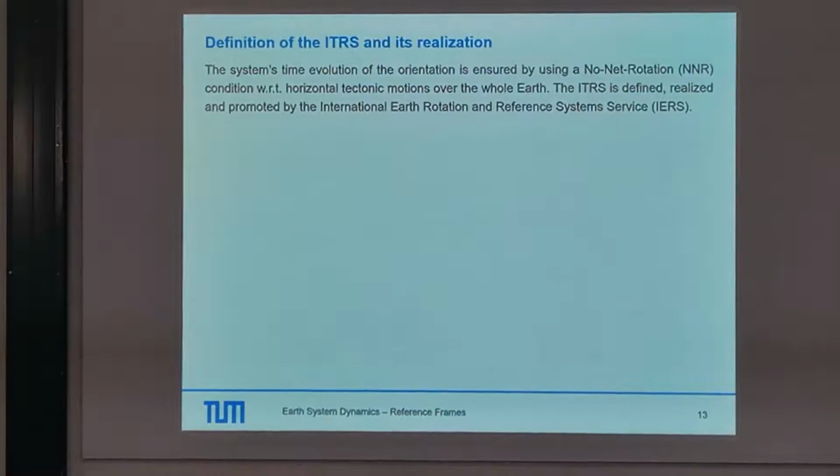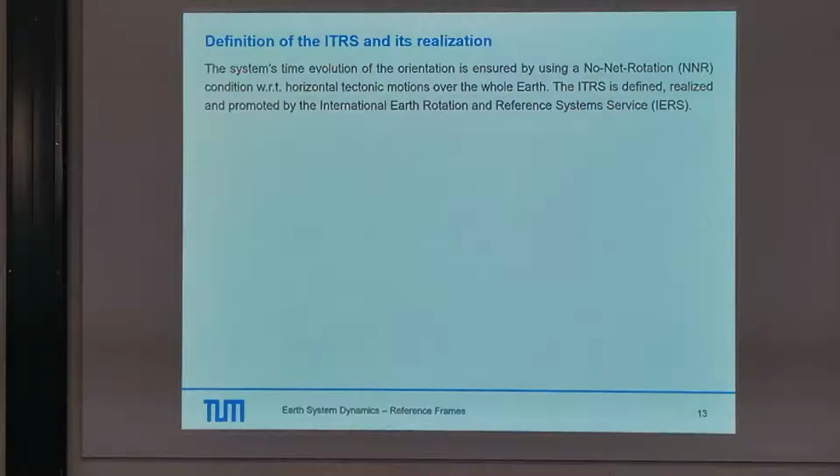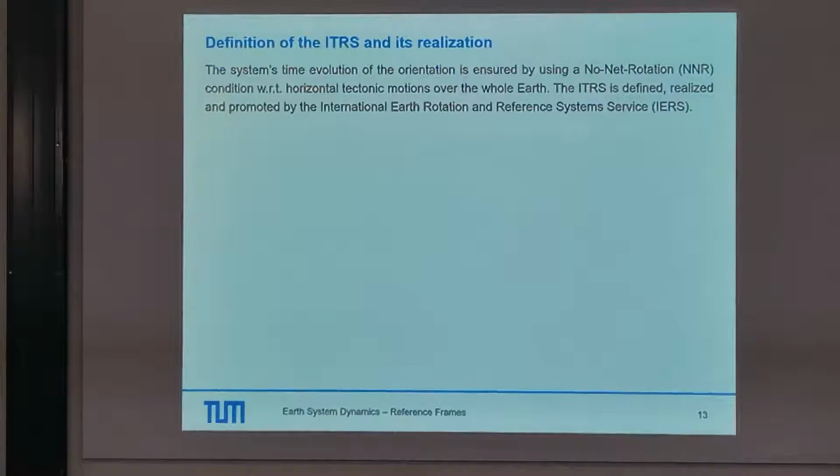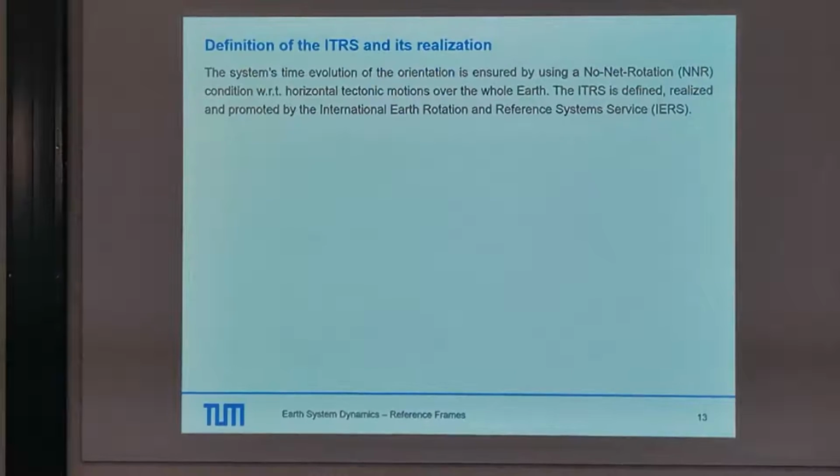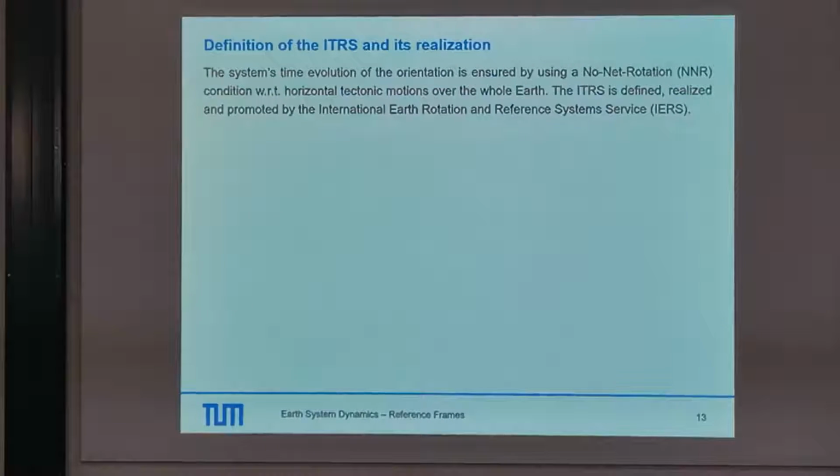What does this mean now, no-net-rotation condition? You have to think, you have the Earth body, and then you have globally distributed stations all over the Earth, let's say 1,500, and you measure the motions of all these stations. You can distinguish the motions of these stations into two parts: station individual motions, and station motions which are equal to the common network, for example the diurnal rotation.